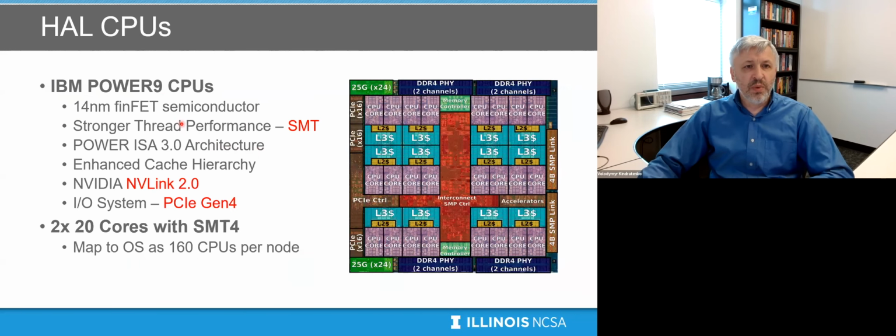Just a few words about the Power9 CPUs themselves. I think this is a unique feature of this particular generation of CPUs that they supported NVIDIA's NVLink 2. They also provided PCIe Gen 4, which is what's used to connect to InfiniBand cards. And the CPUs themselves have 20 cores, but each core is SMT4, meaning that each core can execute 4 independent software threads.